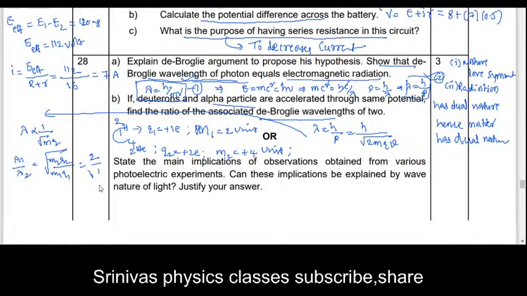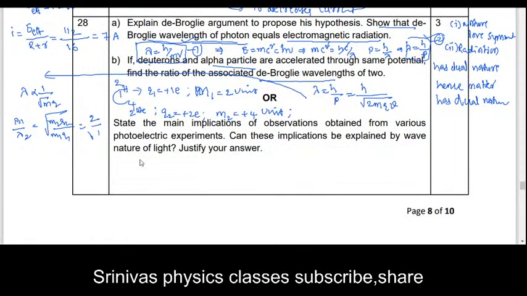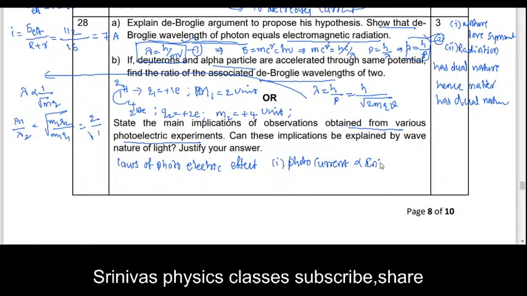Next question. State the main impact of observations from the photoelectric experiment. Laws of photoelectric effect you have, right? Do you know laws of photoelectric effect? The first one: photocurrent depends upon intensity, directly proportional to intensity of light.